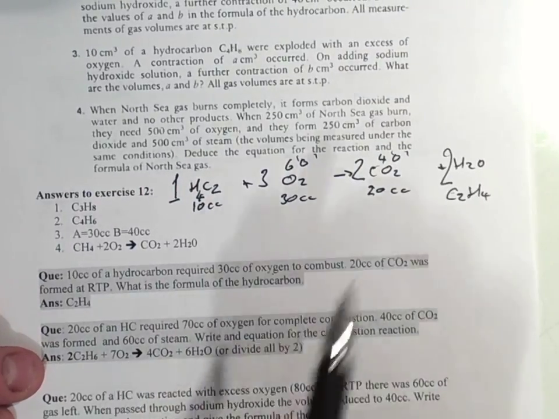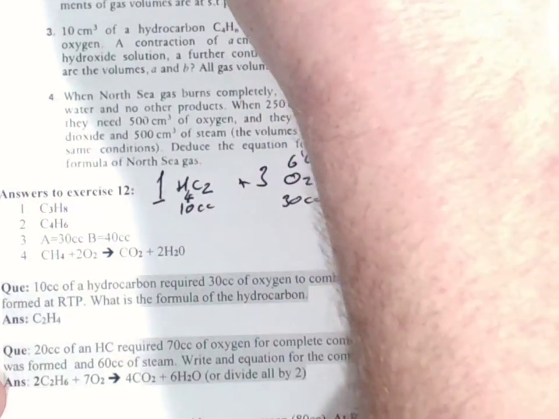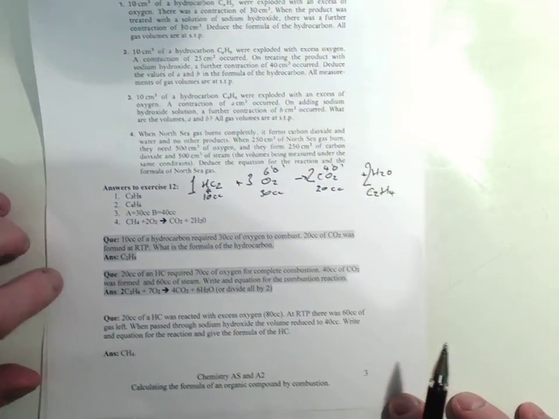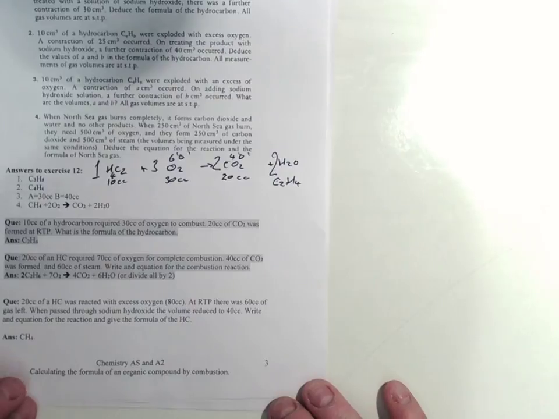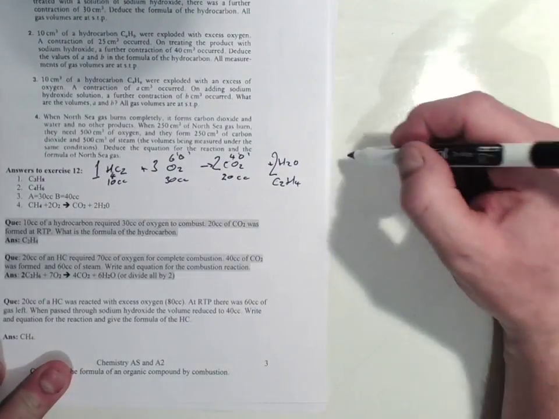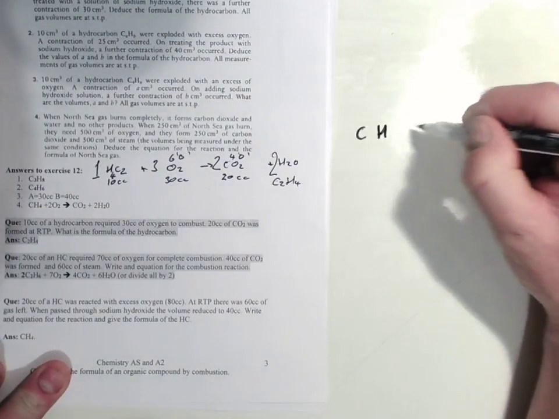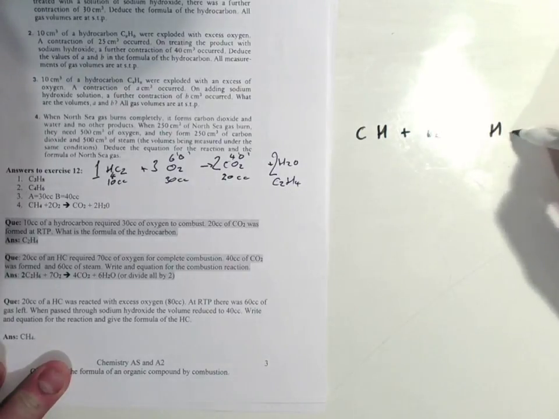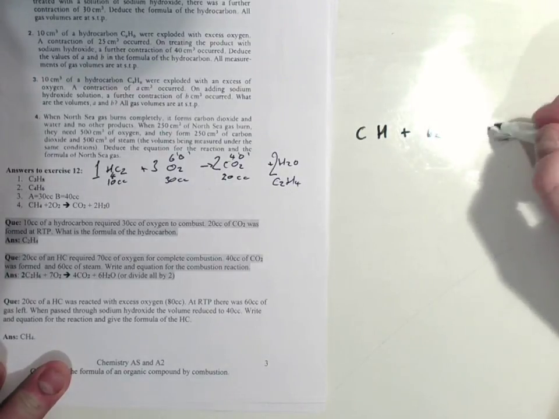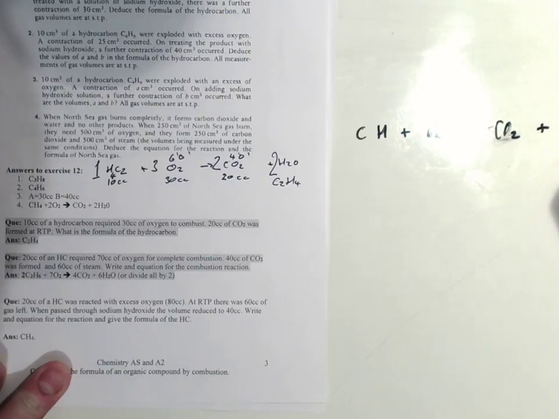Right, we'll have a look at this second one here, and then we'll move on to ones that are maybe a little bit trickier. So I'm going to zoom out there so we have a little bit more room on the right hand side here to do the calculations. So again, we'll write out the equation. We'll write hydrocarbon plus oxygen goes to, let's write carbon dioxide and water, I prefer it that way.